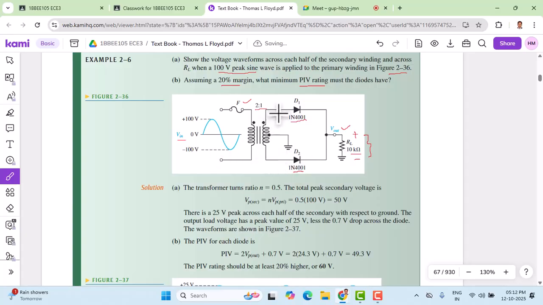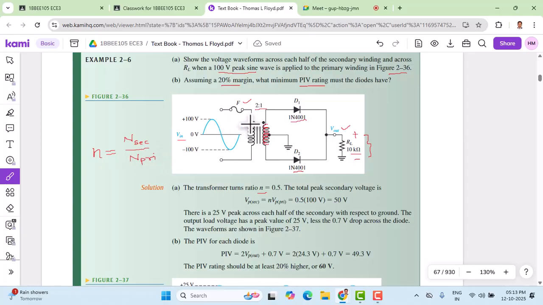Here, as we know that the turns ratio is given, the transformer turns ratio is taken as small n, that is the turns ratio 0.5. How do we get 0.5? You have to take 1 by 2, the turns of secondary to the turns of primary. If you can remember the formula, n is the turns ratio, so n equals N of secondary divided by N of primary. Here N means the number of turns: the number of turns in the secondary to the number of turns in the primary.